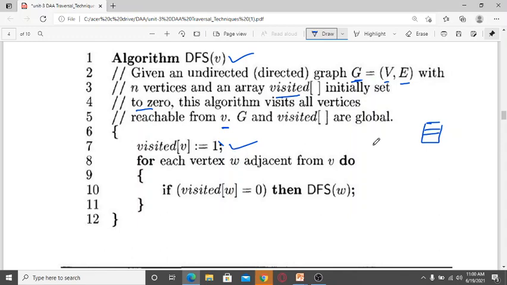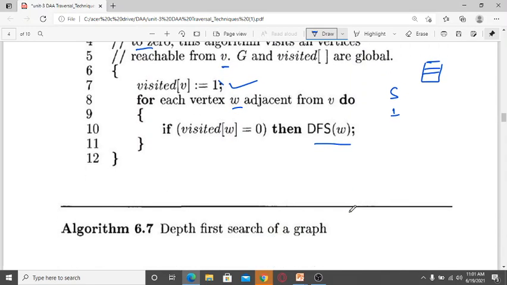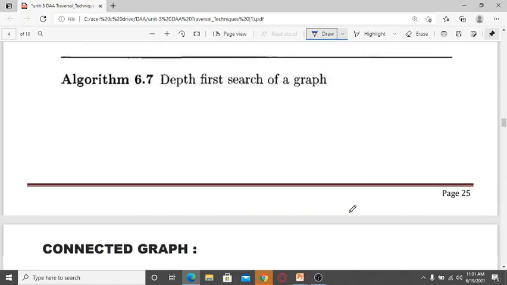Whenever a vertex like S is visited, then for each vertex w adjacent from v, if w is unvisited, that is visited[w] equals 0, then DFS(w) follows all the operations. This is about the depth first search of a graph.